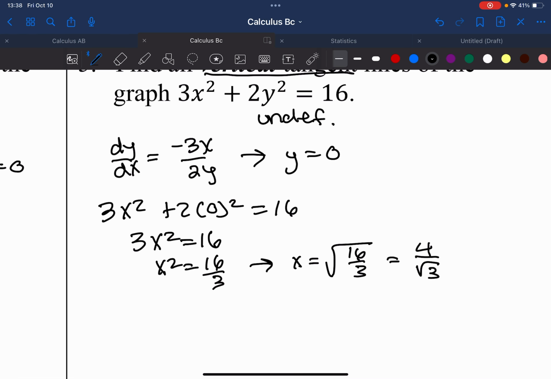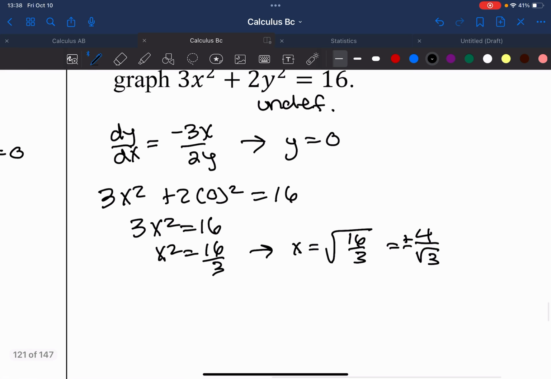And then, of course, plus or minus that, because when we're taking the square root of a square, we can have two possible answers. So that means my two things that are undefined would be, let's see, we said y is going to have to be 0.